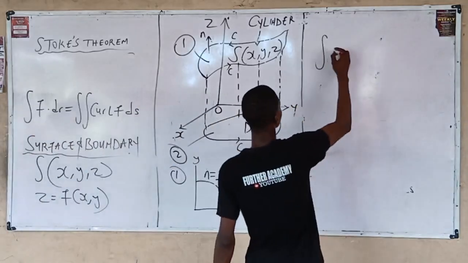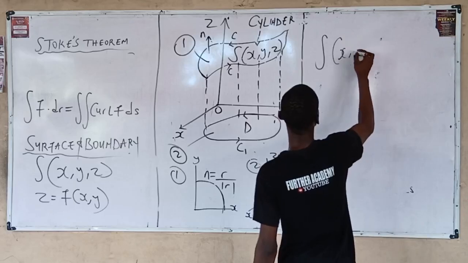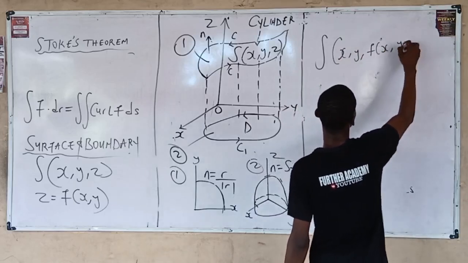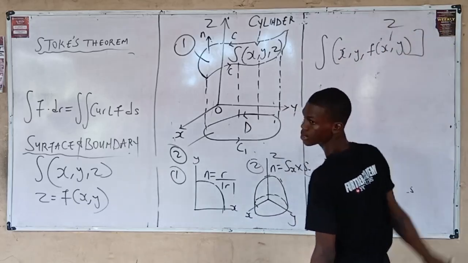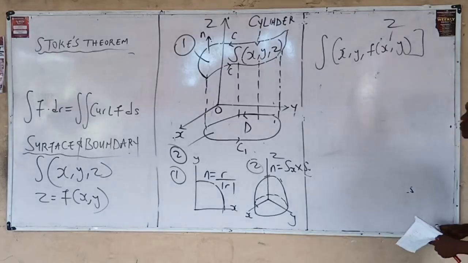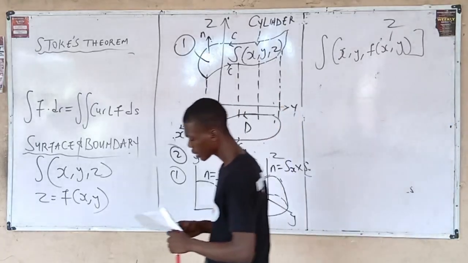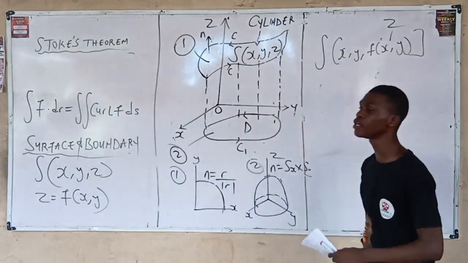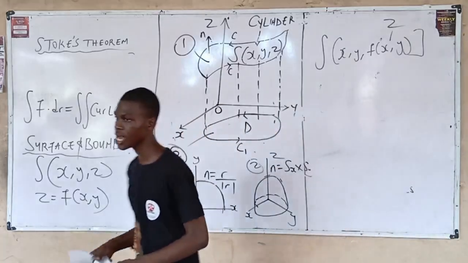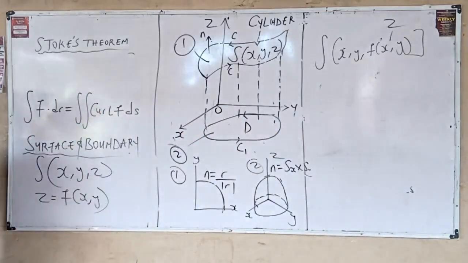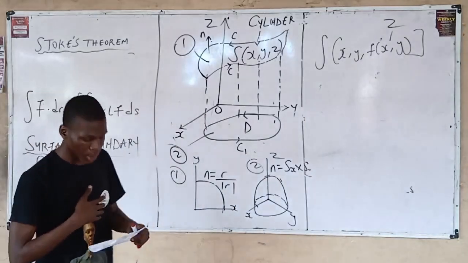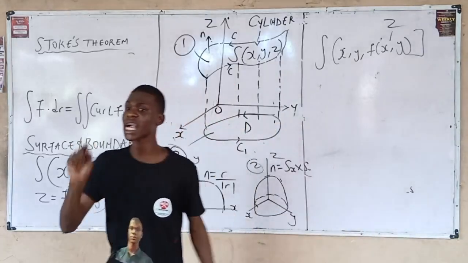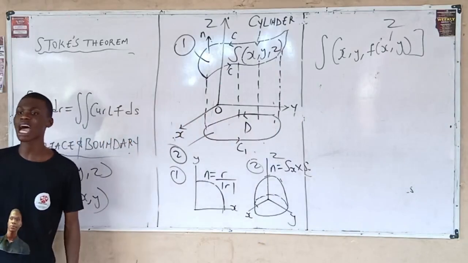Therefore, our surface we have as x, y, f of x, y, where this is z. And always our surface is projected to the x and y plane.